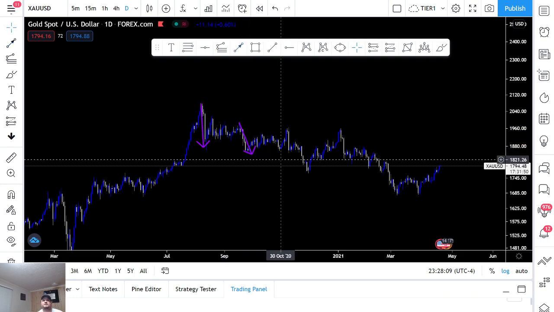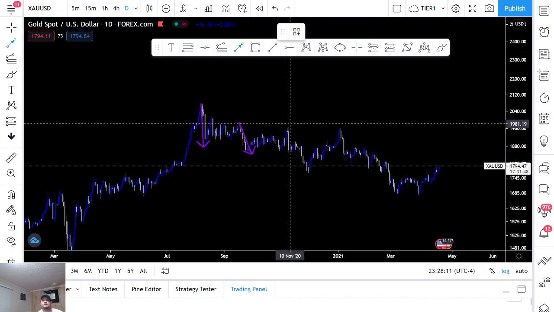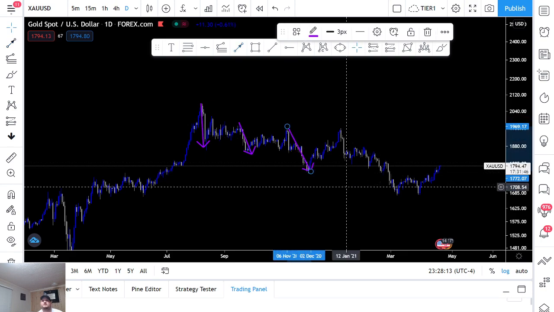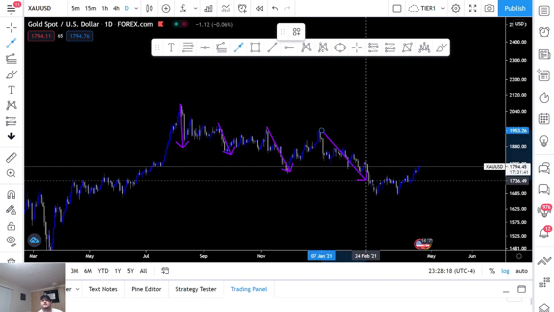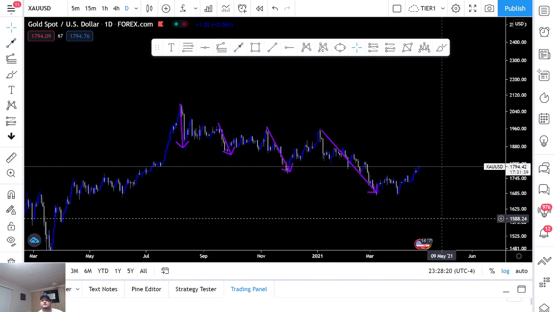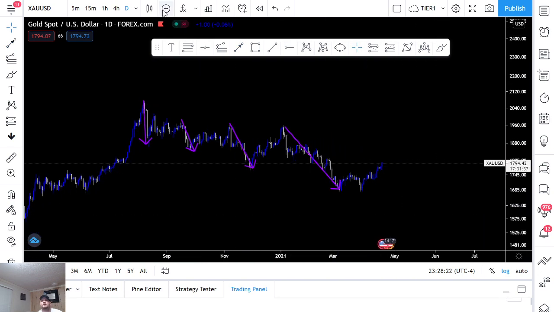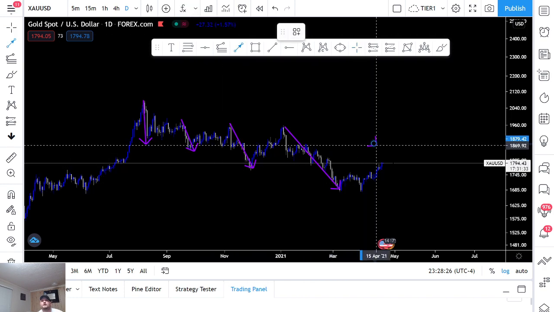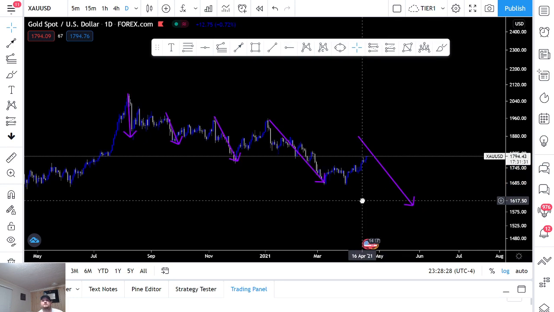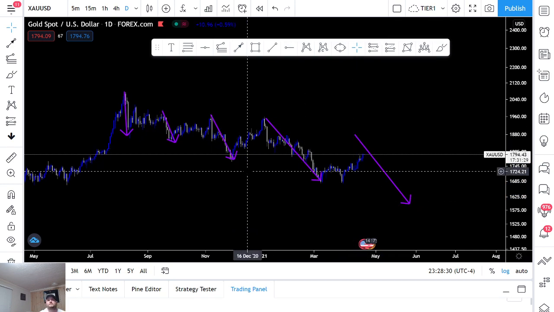This an impulse leg? This an impulse leg? This an impulse leg? So we could be looking at this, right?